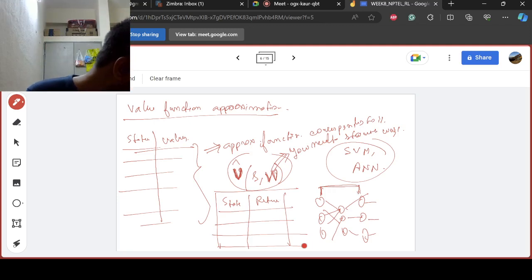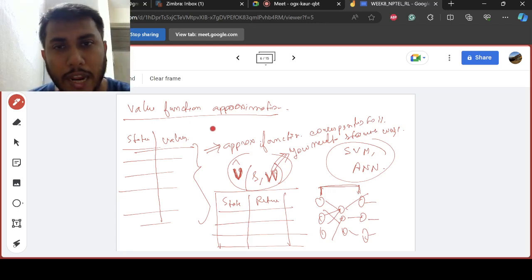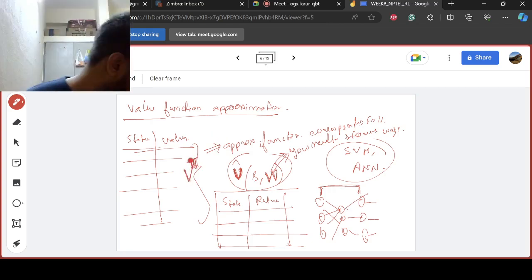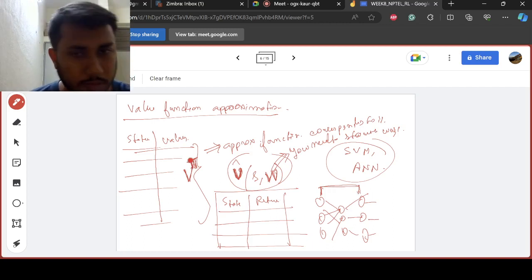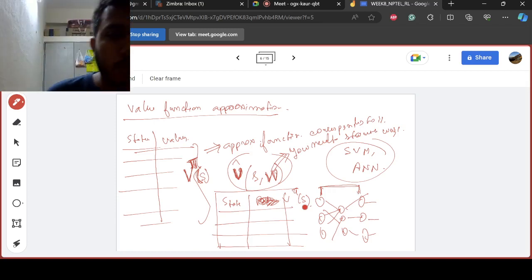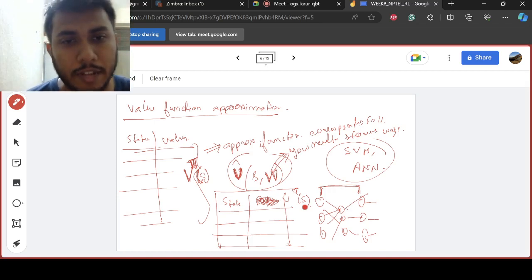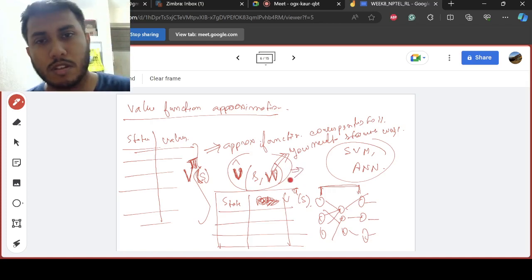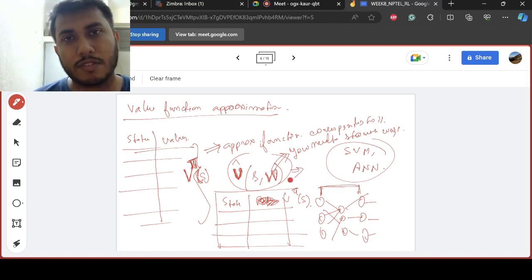Now, our ideal vector was your v pi, and in its place, v pi of s. You are given a state and you have your v pi of s. But since you cannot store all the v pi of s, you are trying to construct something like this: v hat of s.